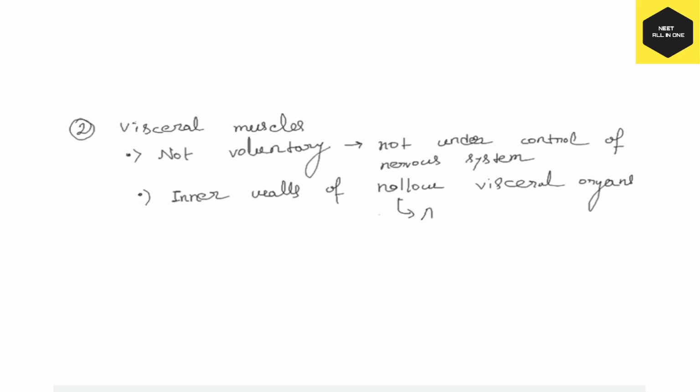They can be the alimentary canal, the reproductive tract. Now, if you remember, I told you that skeletal muscles are striated. So unlike skeletal muscles, these are non-striated.